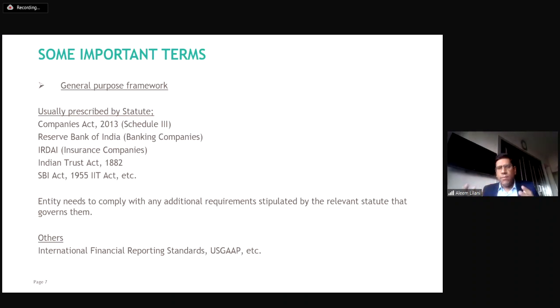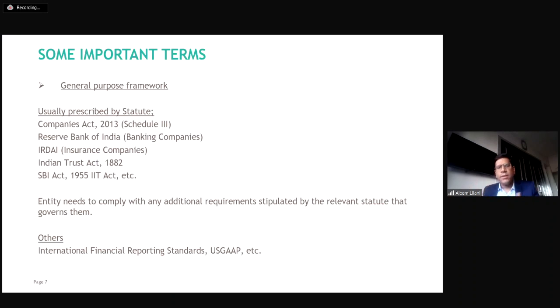Then we have, the same way, IRDAI. They have also issued their requirements, how to form the financial statements for insurance companies, what will be the role of the actuary, what kind of additional reporting the actuary does, all that is prescribed by IRDAI. So we have Schedule 3, and then we have IRDAI requirements to look at. Similarly, for trusts, we have the Indian Trust Act largely, and we have the SEBI Act, the IT Act.